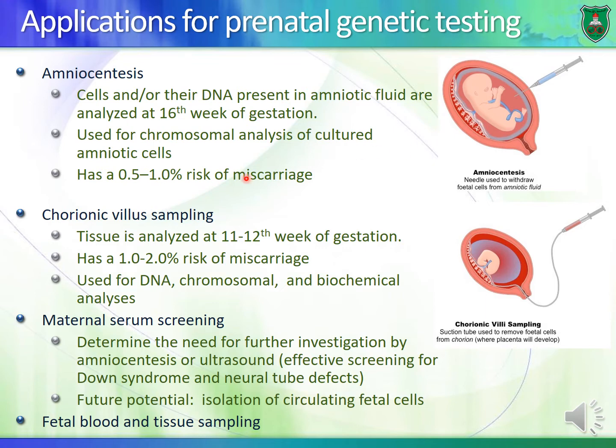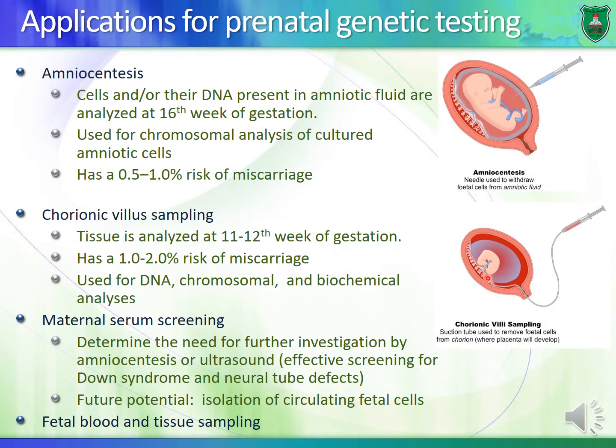Now, the problem with it is that there is a chance of miscarriage, up to 1% risk. Another procedure that can be done is chorionic villus sampling, where basically the chorionic villi can be removed without getting inside the placenta.